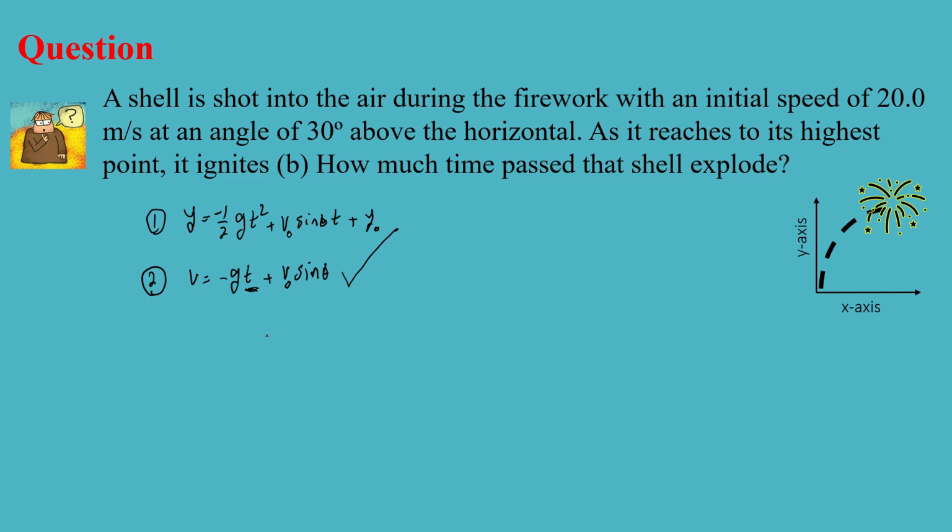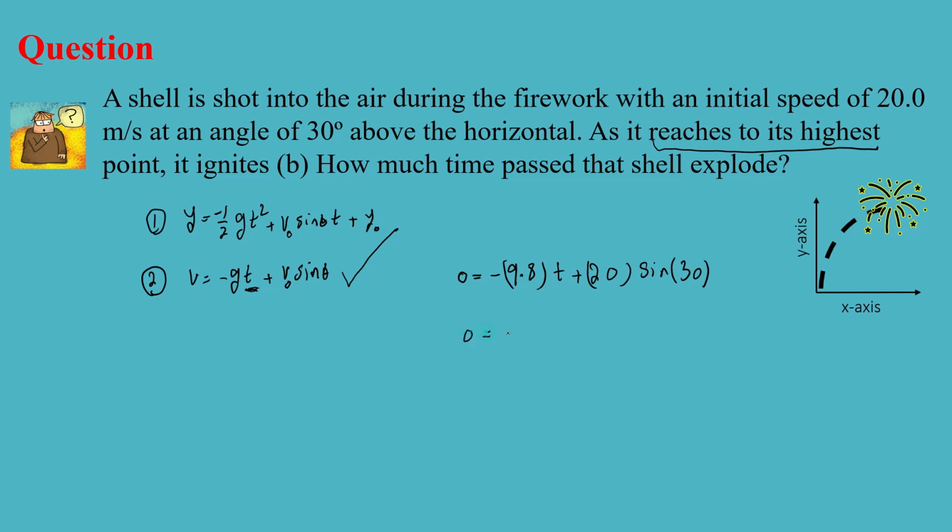Now let's substitute the values. My v here is going to be 0 because it says it reached its highest point. And my g is equal to 9.8. I'm looking for t, plus my v is going to be 20, and then sine 30.